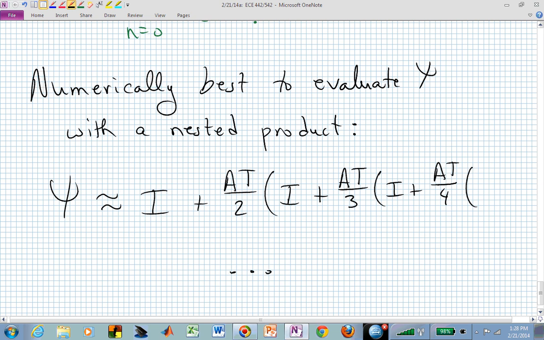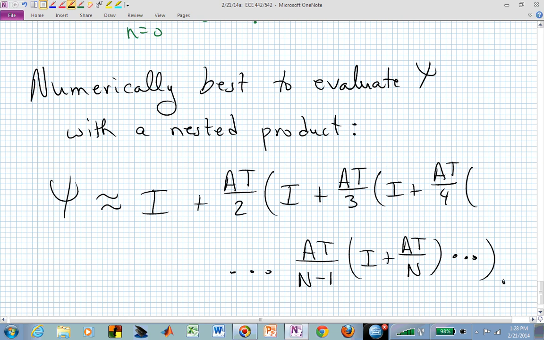And we just keep going until we decide that maybe we've computed enough, and we now have capital N minus 1 times I plus AT over N, and we then are finished.